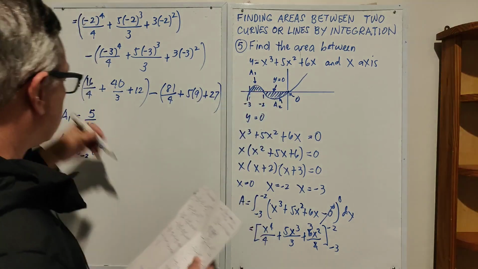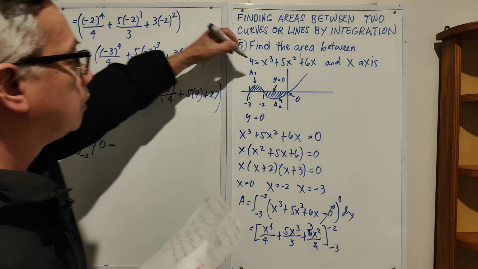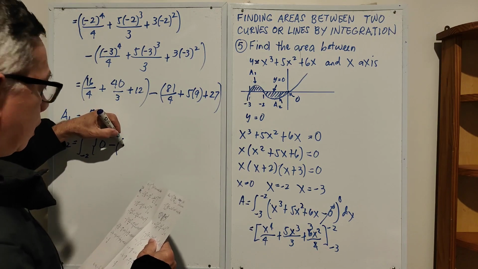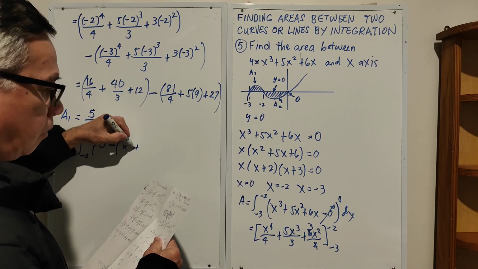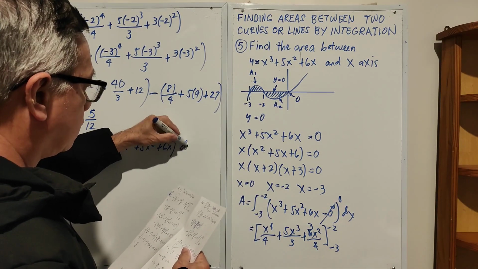The top is y equal to 0 minus the whole of this curve, x cubed plus 5x squared plus 6x dx.